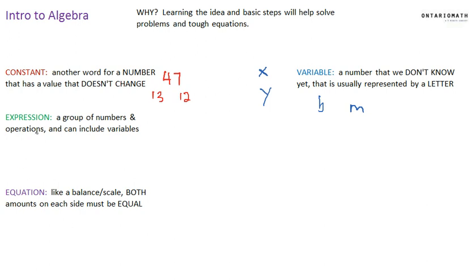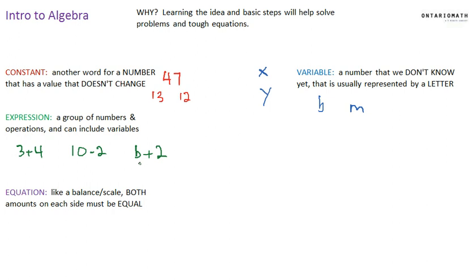An expression, on the other hand, is a group of numbers and operations and can include variables. A basic expression is like 3 plus 4. Here are your constants, 3 and 4, and there's an operation. So 3 plus 4, or 10 subtract 2. It can include variables, so you can have maybe b plus 2.